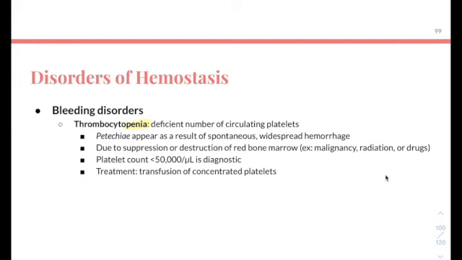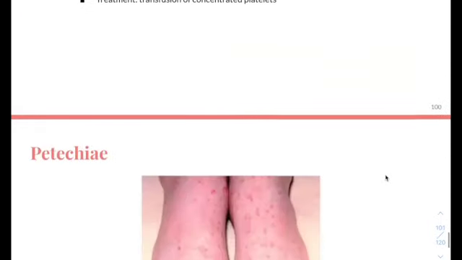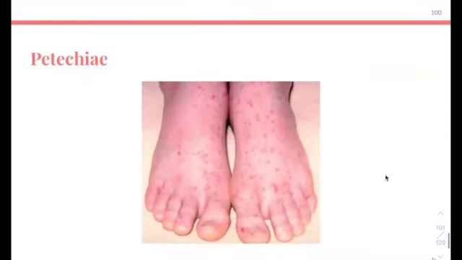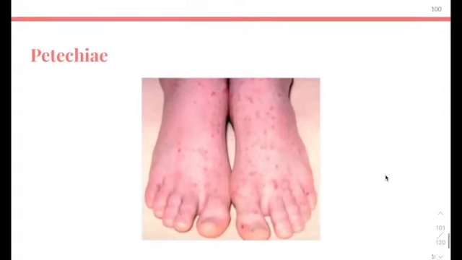That's where people get diagnosed with thrombocytopenia, and they start looking at transfusion of platelets specifically, so that people don't end up with hemorrhaging or internal bleeding in the body. So here's what the petechiae looks like. They're little red spots all over the body. This is from somebody who has thrombocytopenia.